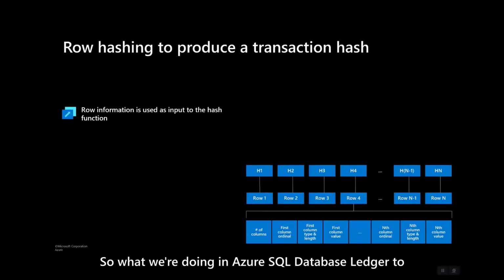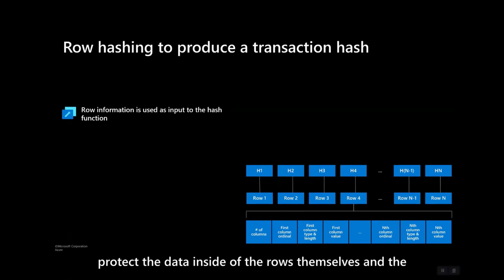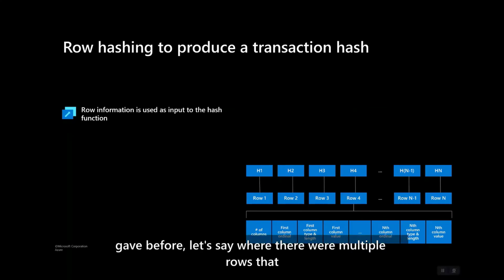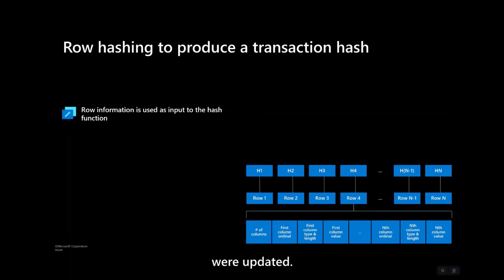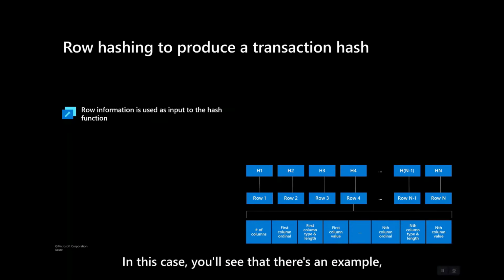So what we're doing in Azure SQL Database Ledger to protect the data inside of the rows themselves and the transactions is, in a transaction, as the example that I gave before, let's say where there were multiple rows that were updated, we cryptographically hash each row inside of that transaction that's been updated or inserted. In this case, you'll see that there's an example, the input being data from the row itself, producing a hash for each row that exists.